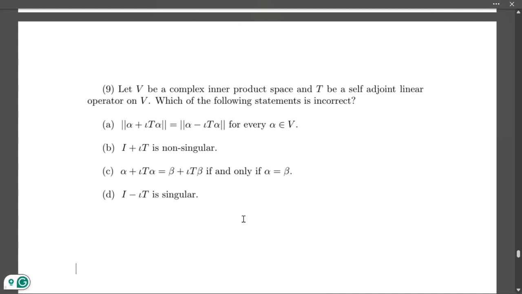Let V be a complex inner product space. Let T be a self-adjoint linear operator. Which of the following statements is incorrect? Okay, we should choose the incorrect option.